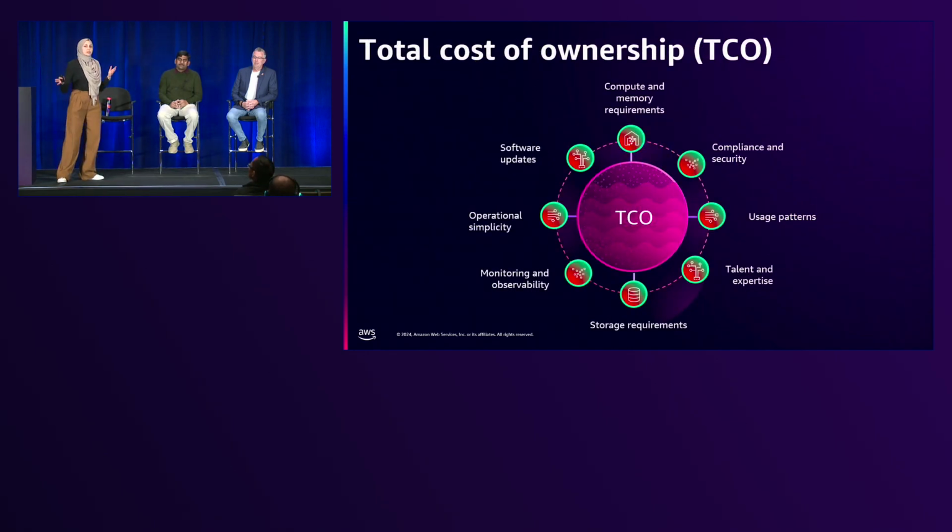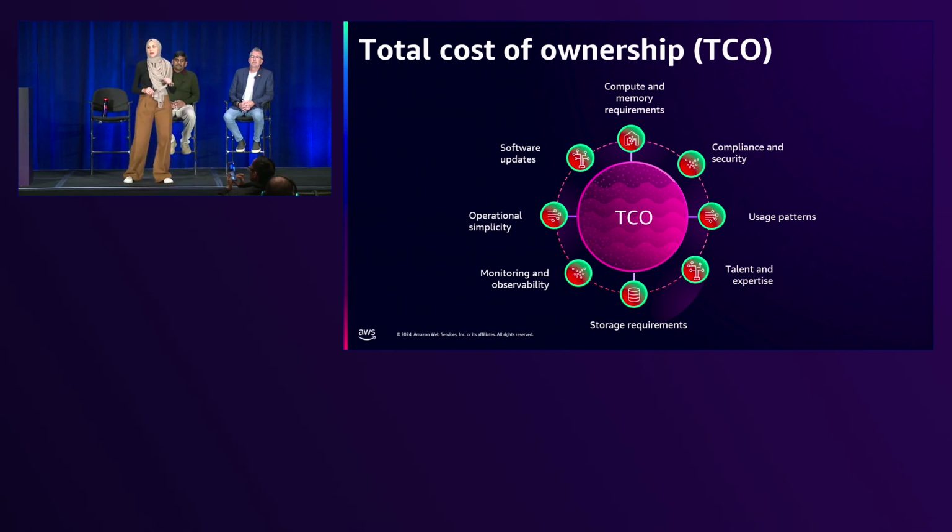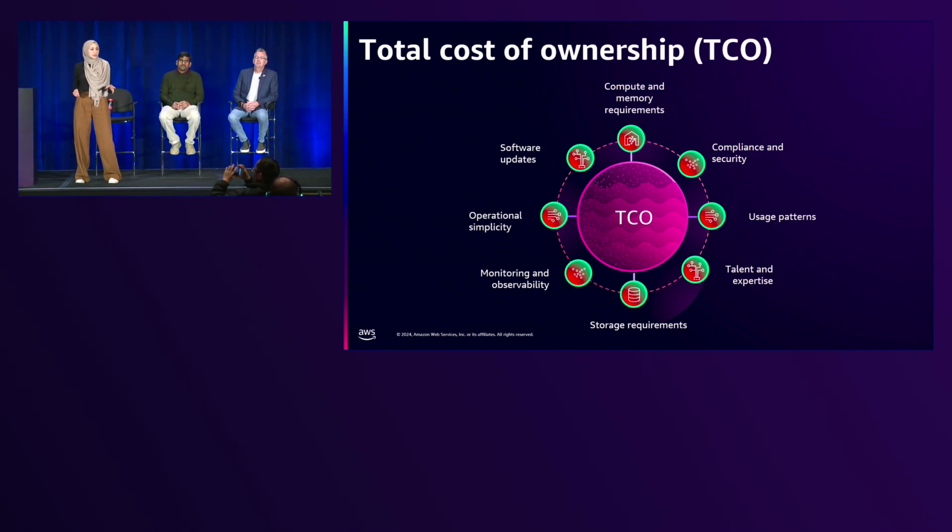Now, when building your search or log analytics workloads, you need to think about your overall total cost of ownership, or TCO. Think about TCO as a shared responsibility, where AWS takes care of aspects like scalability, availability, also making the service compliance ready and secure.